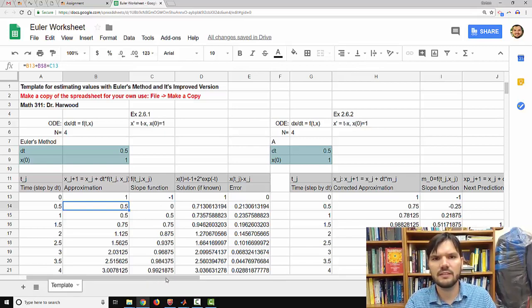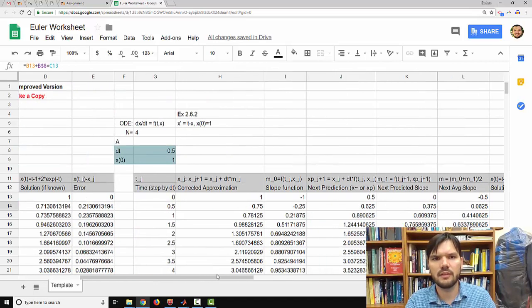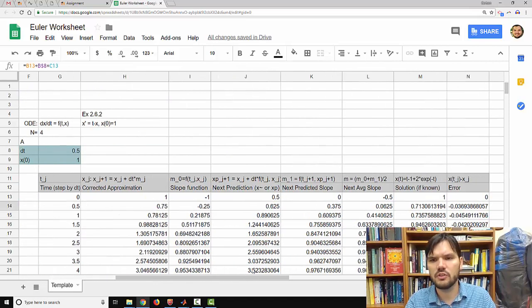Now let's look at the improved Euler's method. What changes? Well, first, we have the same three columns we had before. The approximation, the initial slope, but then we add a few more pieces to find the other slope m1 and then average the two slopes.